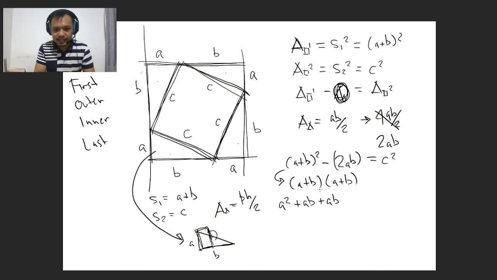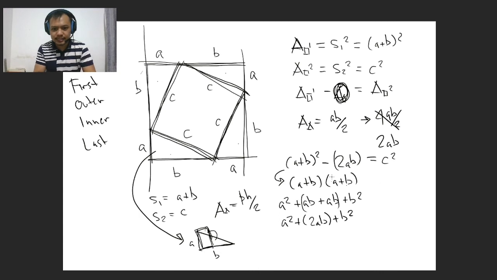With me so far? And last we do the last, which is b and b, b squared. In this equation, we can bring these two together, and we get a squared plus 2ab plus b squared, okay?